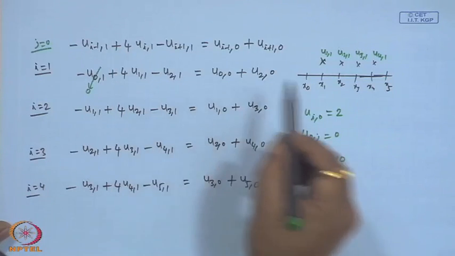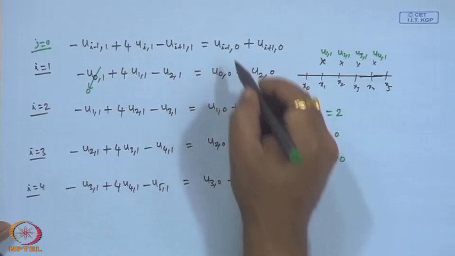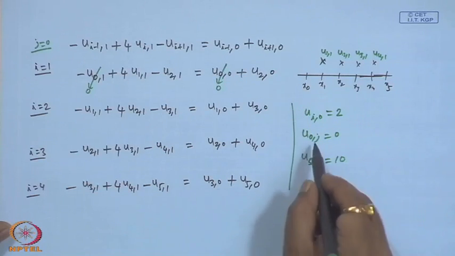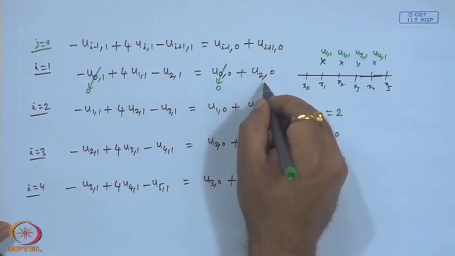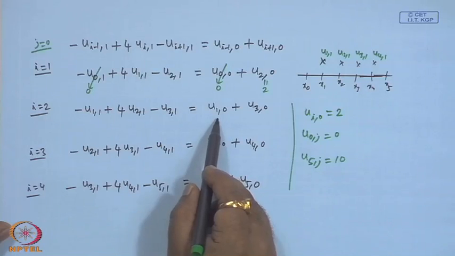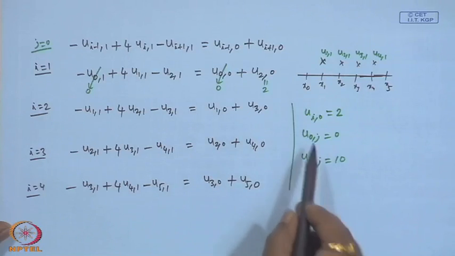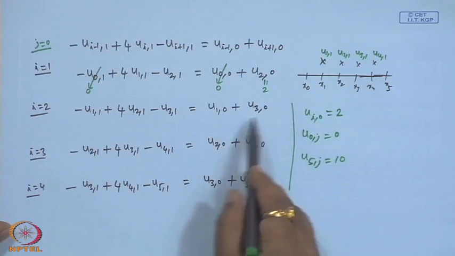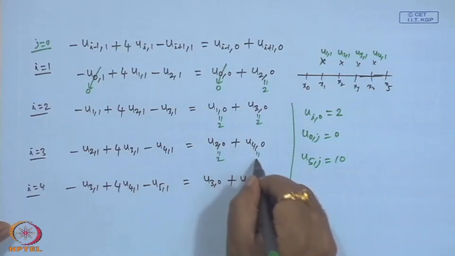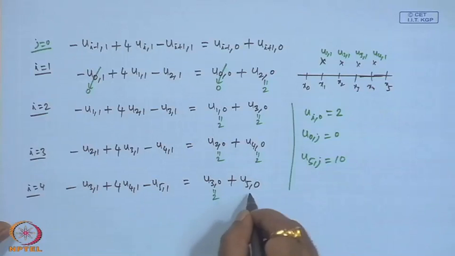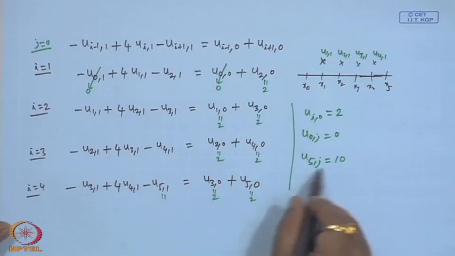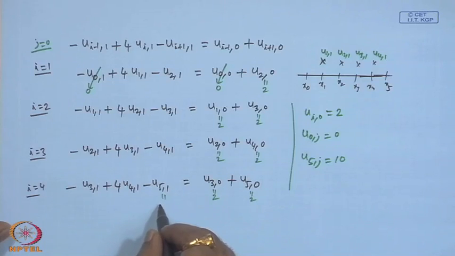Okay. So, this and u 2 0 is 2. Okay. So, this is how the equation gets reduced. So, 1 0 and 3 0, these all are 2, and here we have phi 1 which has to be taken from here. Okay.